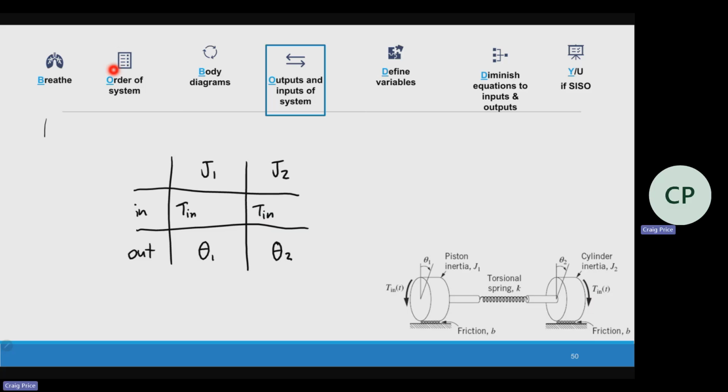If you stop here, that's totally fine. But I know that they are tied through the spring. So if theta 2 moves, that is going to affect theta 1. So we could say that theta 2 is an input to theta 1 and vice versa, because they do affect each other.